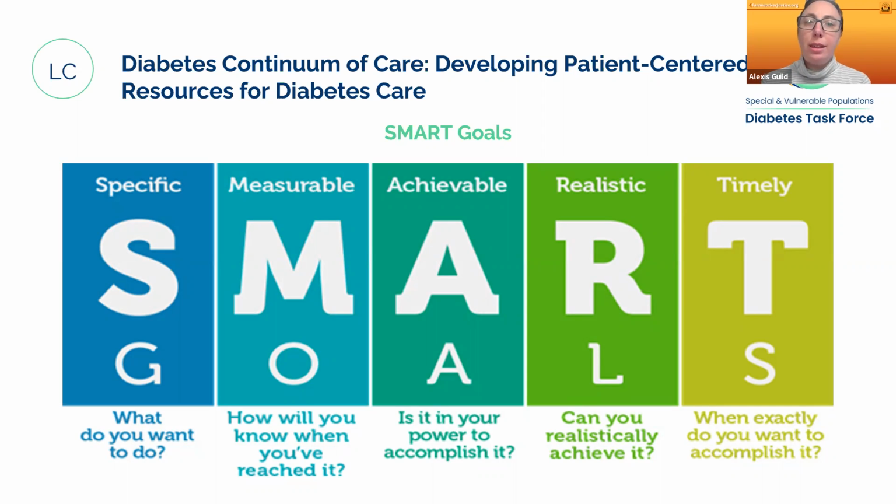What we want you to start thinking about, especially with today's session and then next week's session, is what are the actions that I can take in my organization? How can I apply what I'm learning in these sessions and maybe improve or create a resource really focused on the patient-centered experience? So we hope that you will think about these SMART goals: specific, measurable, achievable, realistic, and timely.